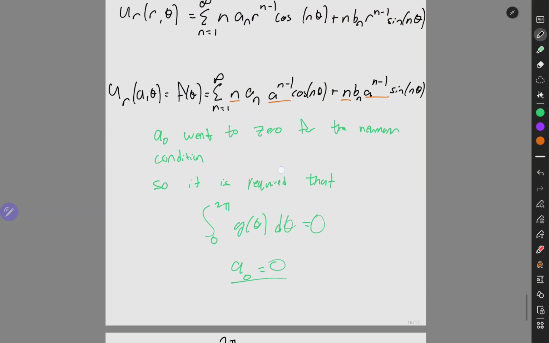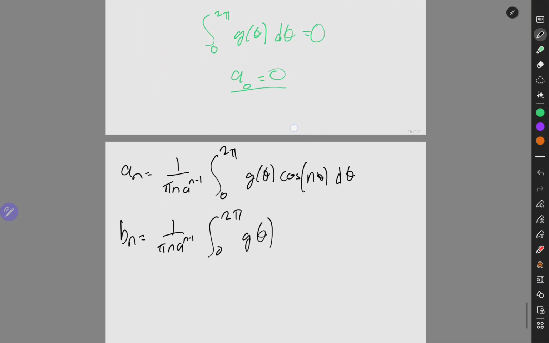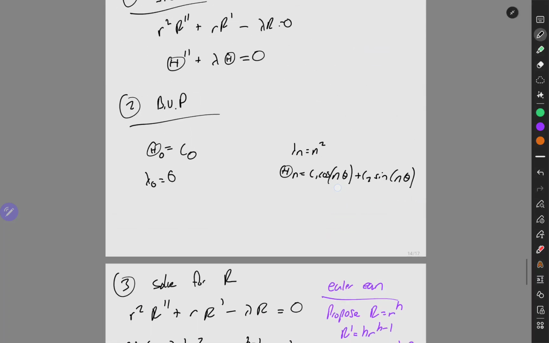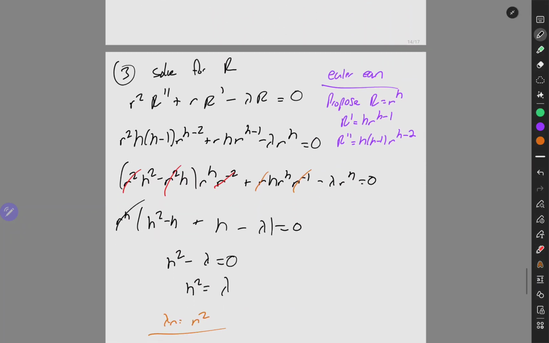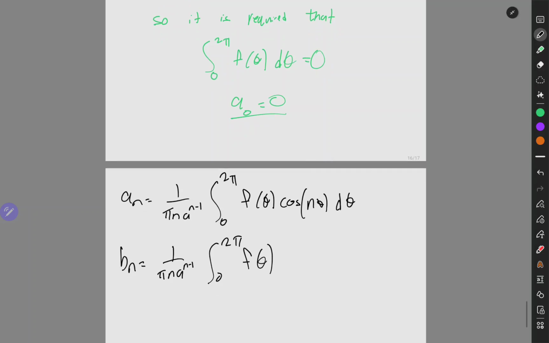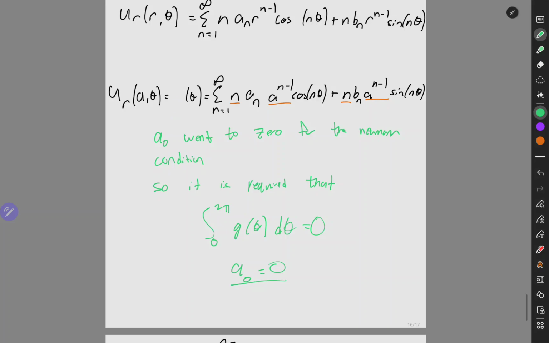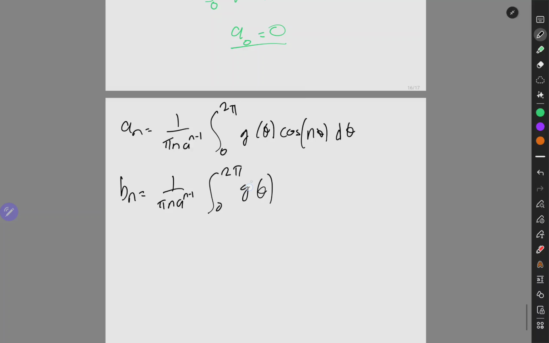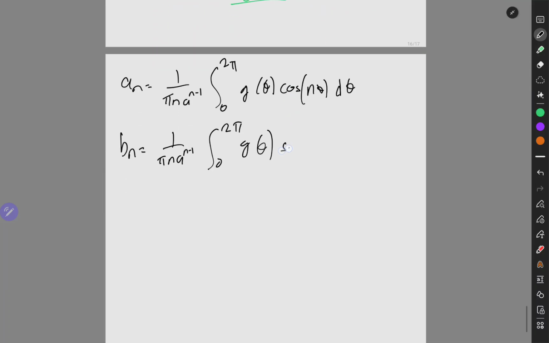G of theta, or is it F? It's G of theta. I used two different things in my notes. Where did I use F? Here. Whoops. It's G of theta for this problem, times sine of n theta d theta.